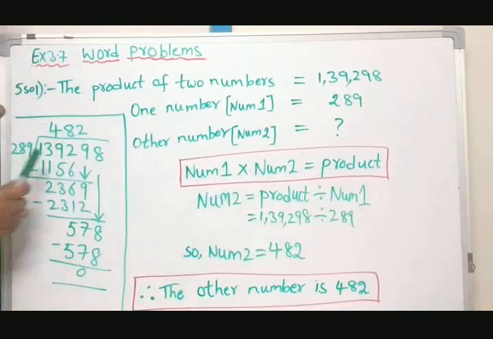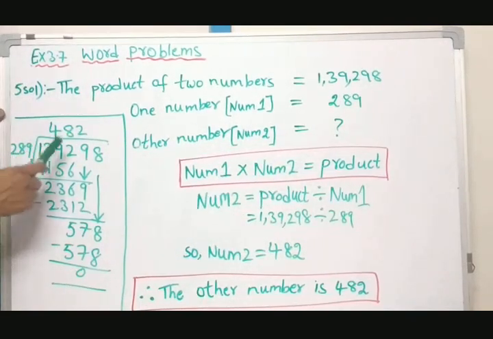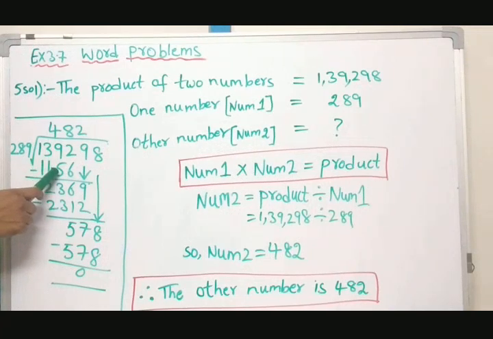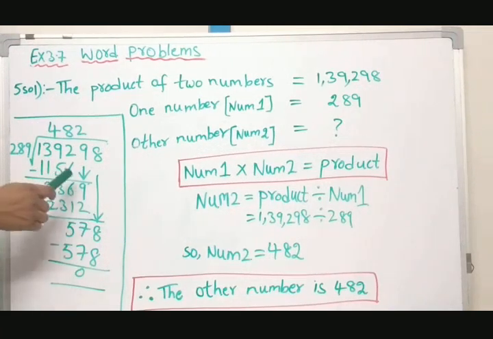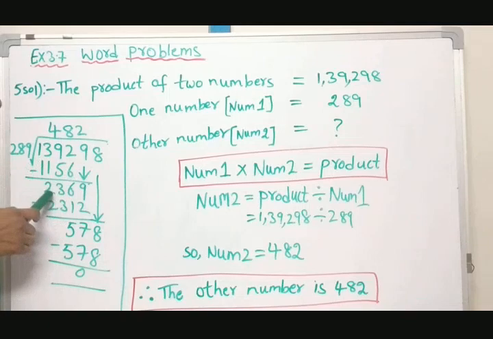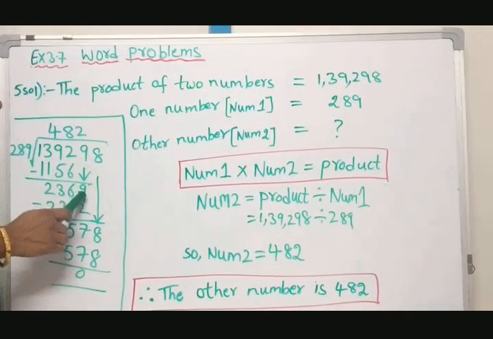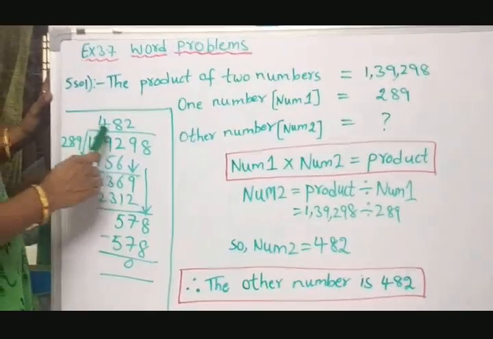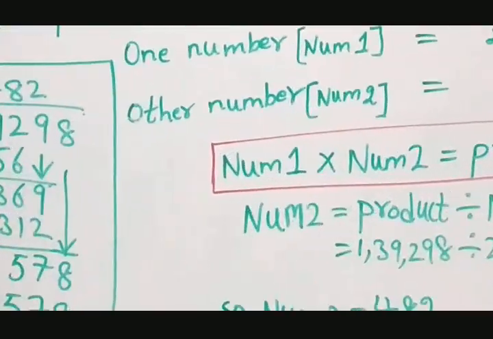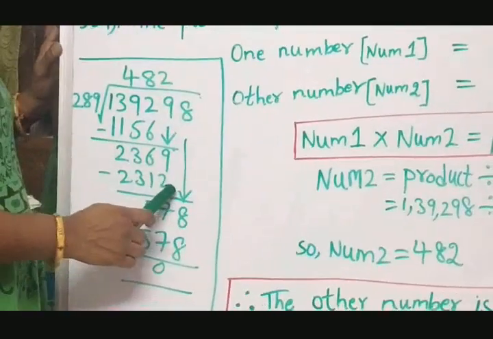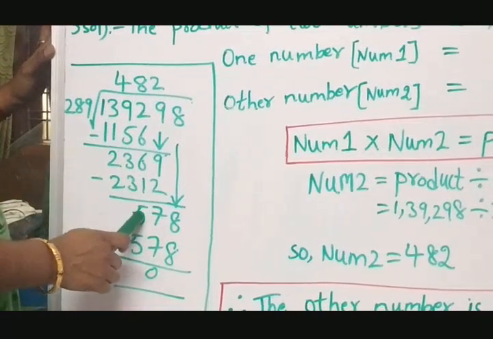I have done the division here as I don't have space here. Now 289 fours are 1156. So after subtracting, I got 2236. I brought 9 down. Next, 289 eights are 2312.